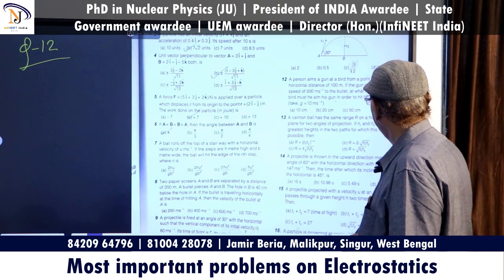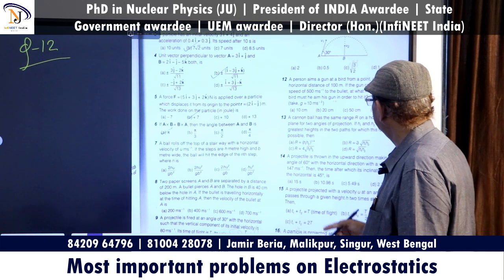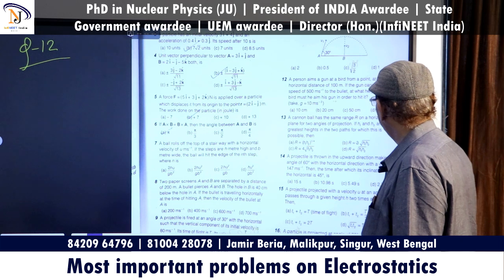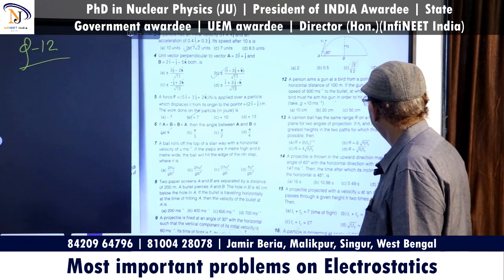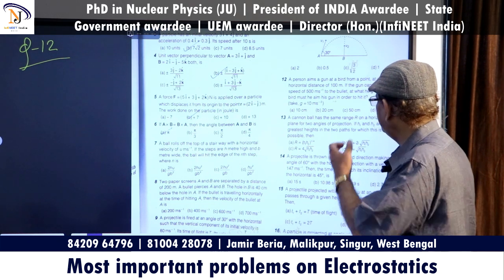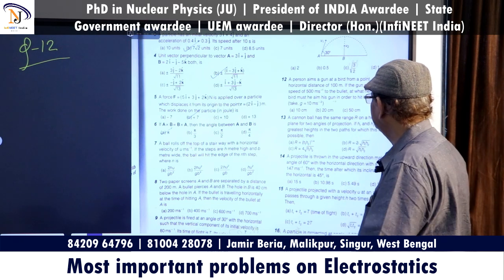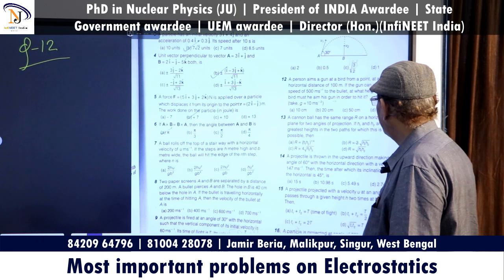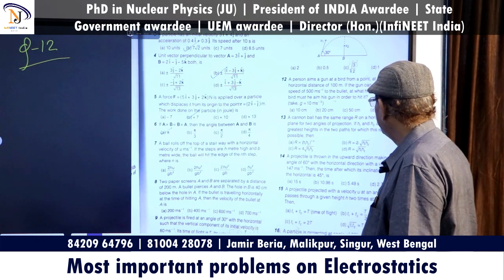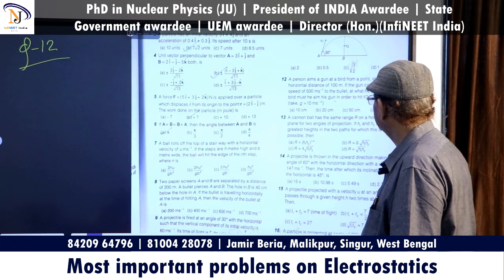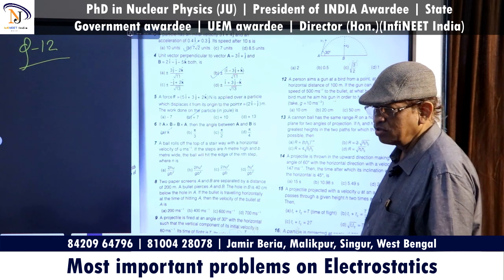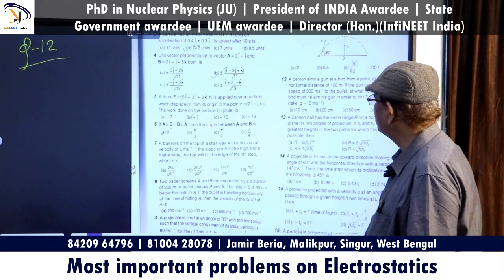If the gun can induce a speed of this to the bullet, at what height above the bird must he aim his gun in order to hit it? Do you follow the problem? Have you understood the problem?